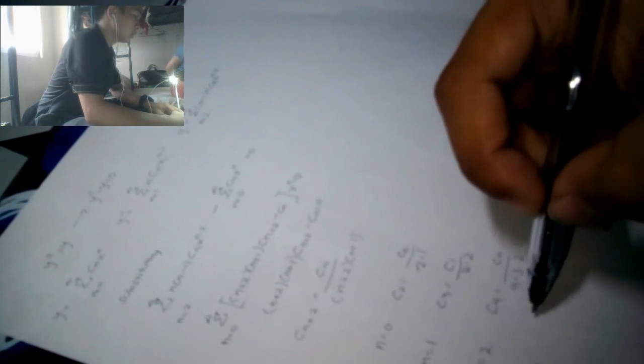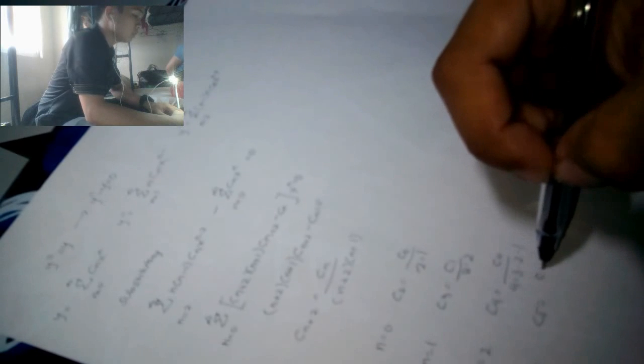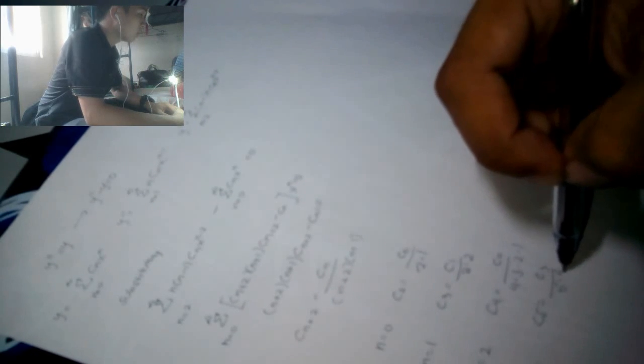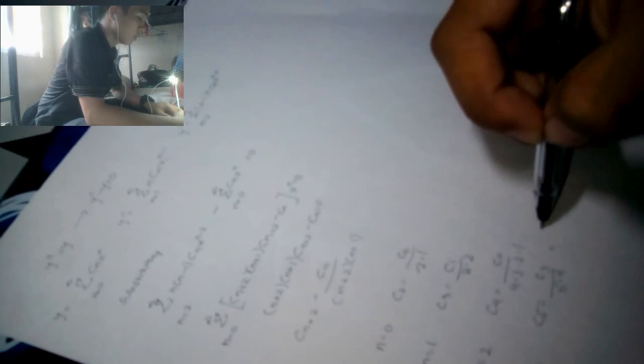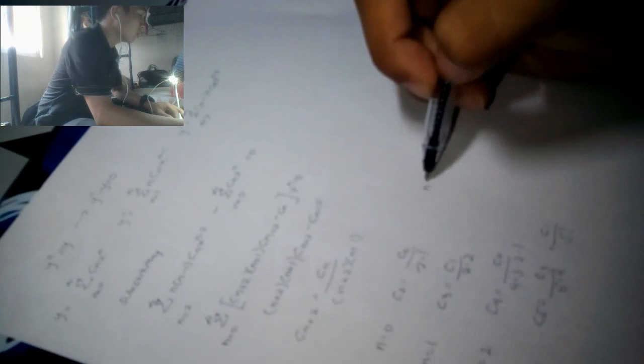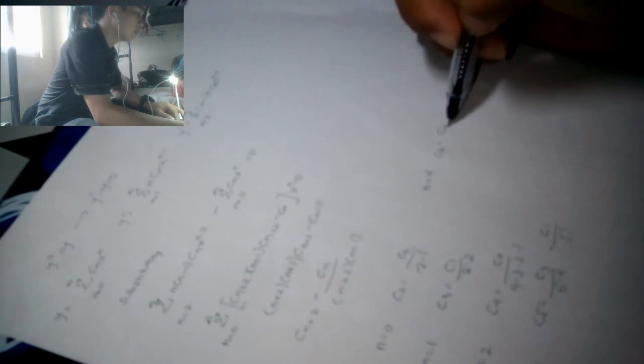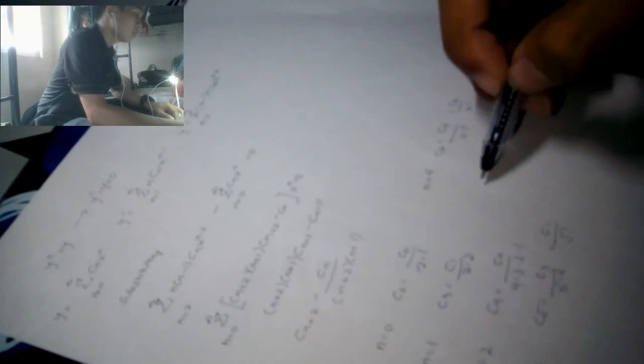At n equals 3, c5 is equal to c3 over 5 times 4, or equal to c1 over 5 factorial. When n equals 4, c6 is equal to c sub 4 over 6 times 5, which is equal to c sub 0 over 6 factorial.